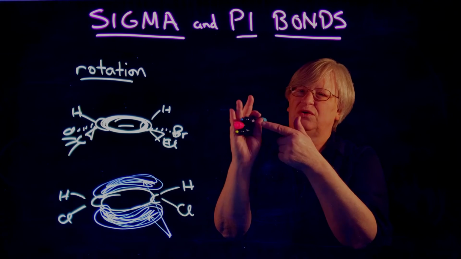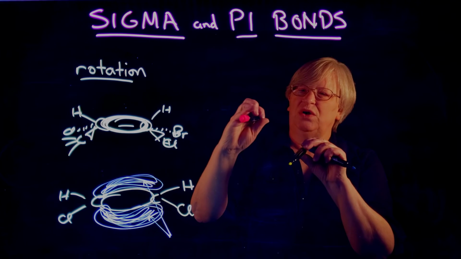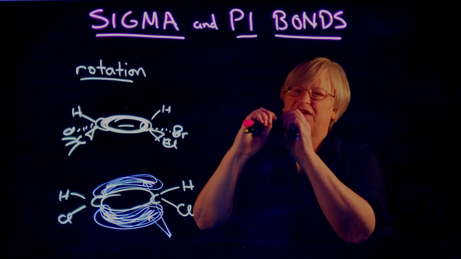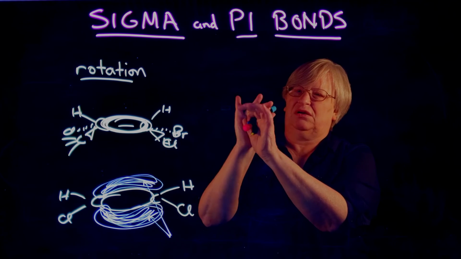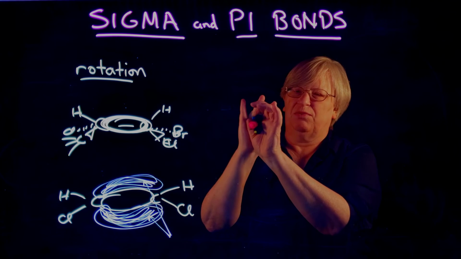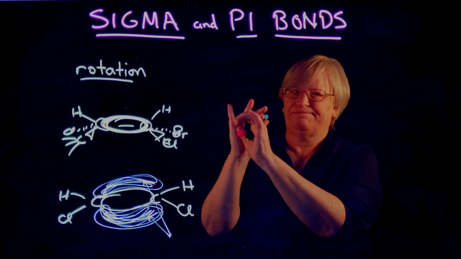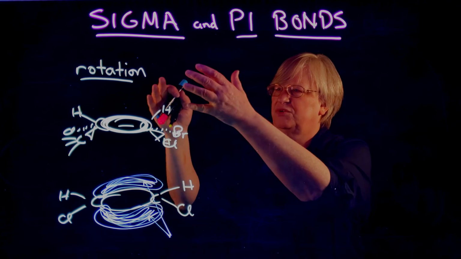It's adjoining the nucleus and the nucleus, right? And so with that, we can twist, and it's just fine. But if I try to twist this one, I can't do it, right? It would break. So it would try to break. All right. So no rotation around a double bond, rotation around a single bond.